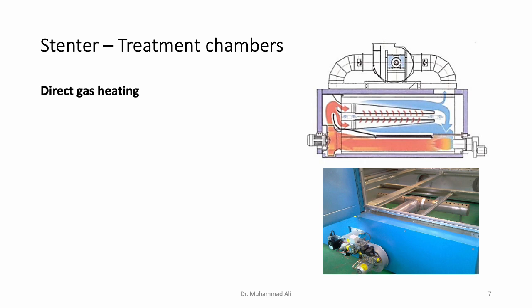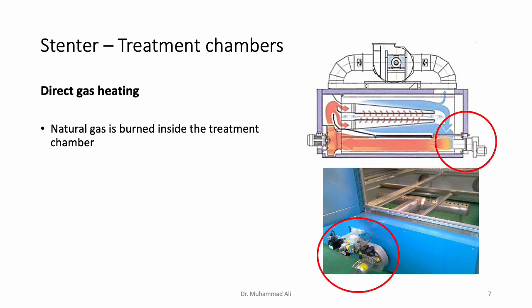Let's now see how the direct gas heating system works. Once again, this is arguably the most common form of heating system that is used in a Stenter. So in direct gas heating, natural gas is burned directly inside the treatment chamber, and this is done with the help of massive gas burners that are provided inside the treatment chamber.